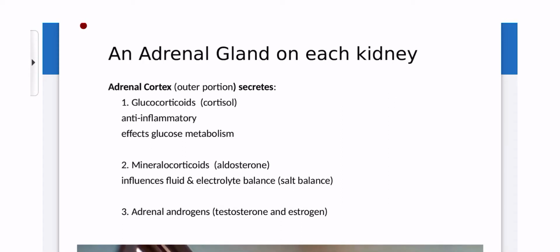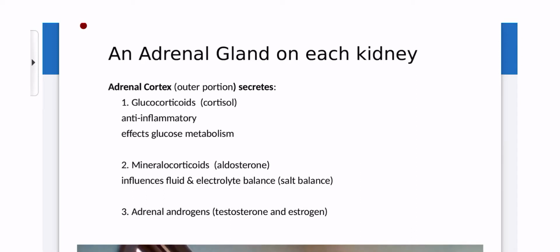Now, we did show in the first slide an adrenal gland on each kidney, and we talked about that a little bit with the renin, angiotensin, aldosterone system in GU. But the glucocorticoids are coming from the adrenal cortex.